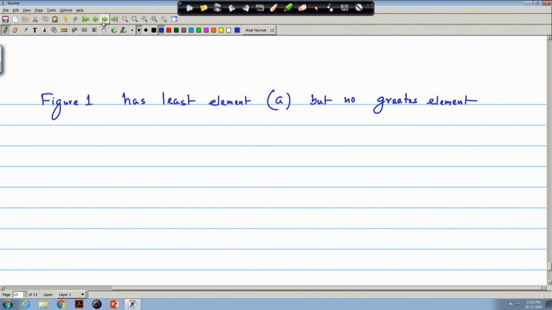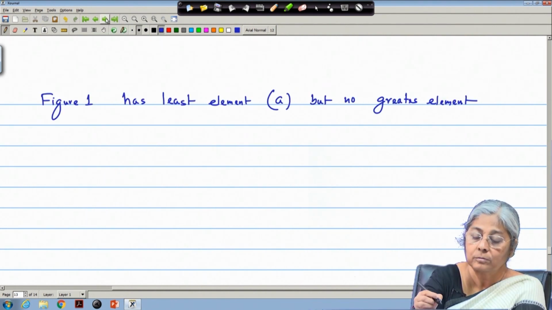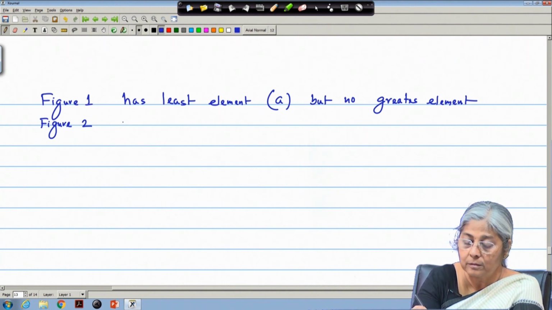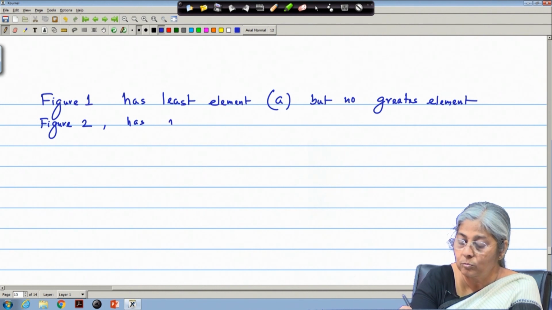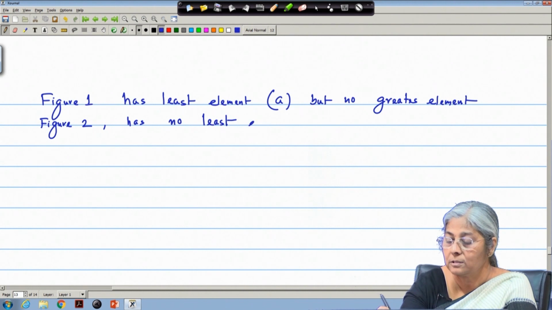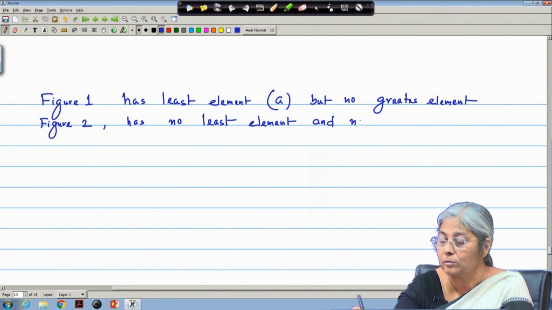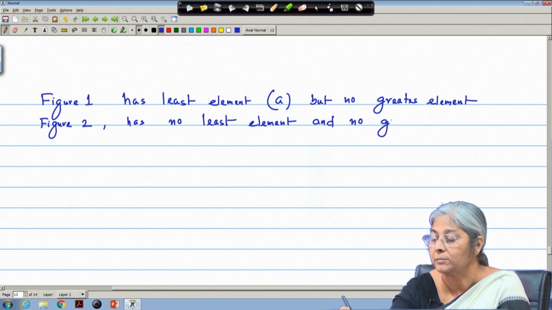So, figure 2 has no least element and also no greatest element.